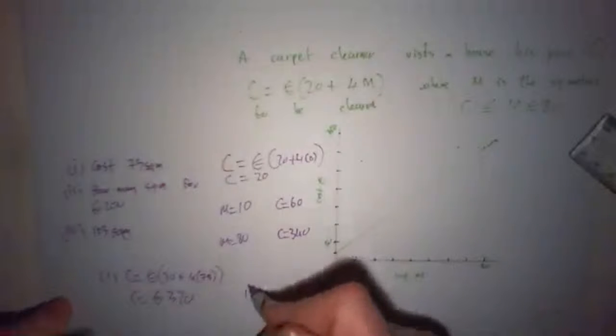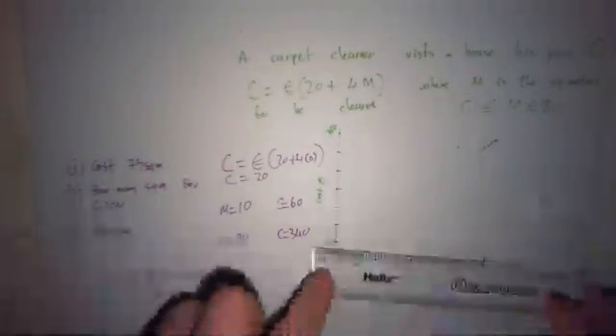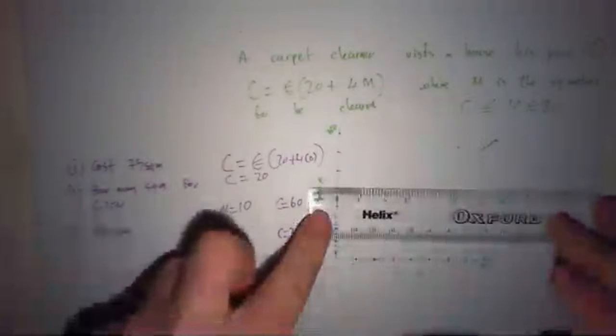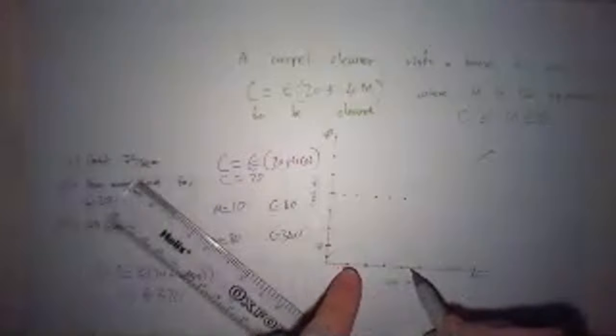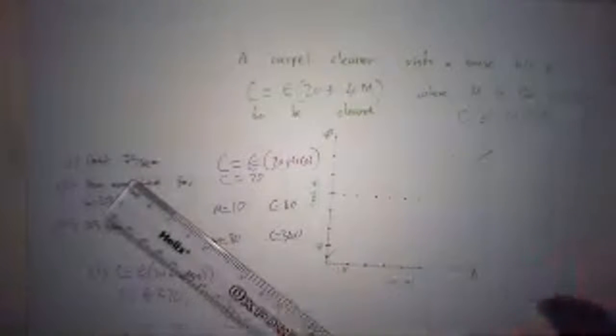Part 2. So €200, let's go to 200. There's 50, 100, 150, 200. Read right across, and down. I think we're going to be very close to halfway between 40 and 50. We're going to go with 45. Let's see if we're right.